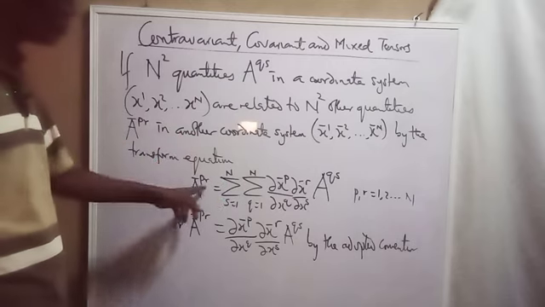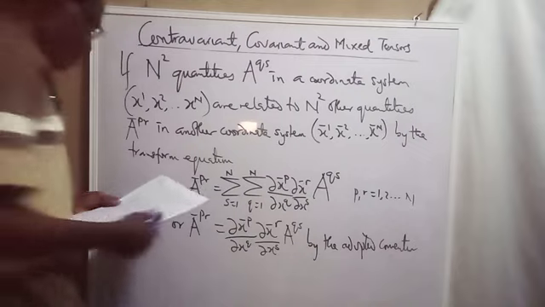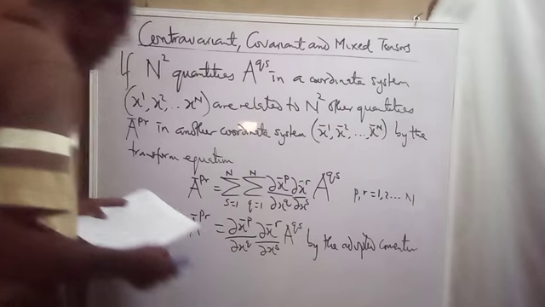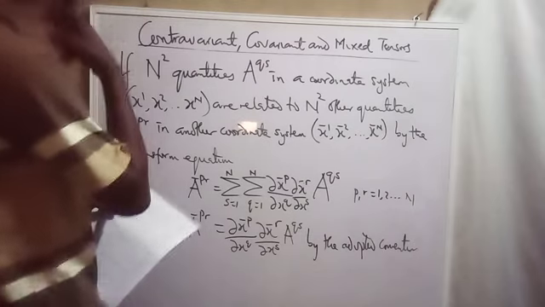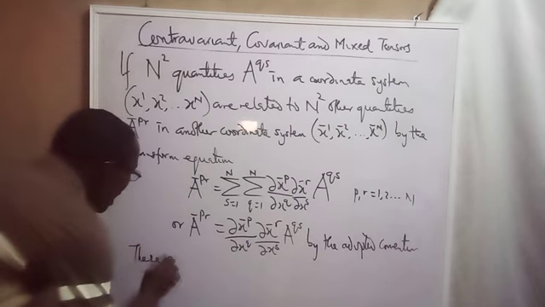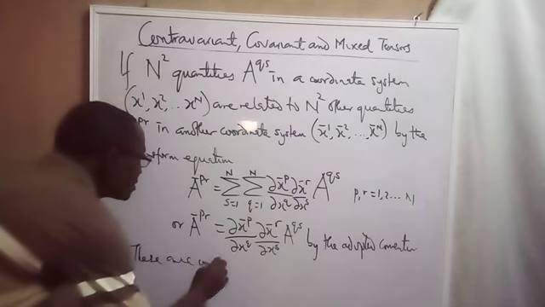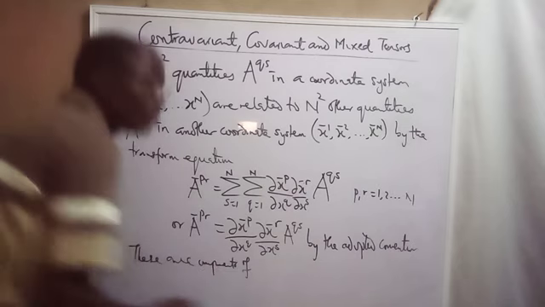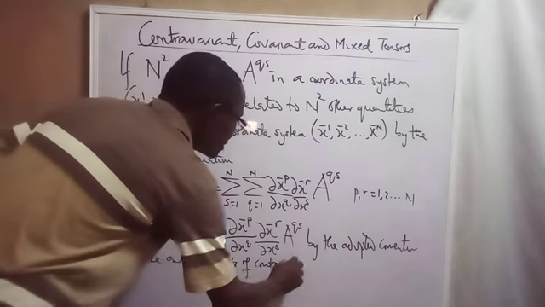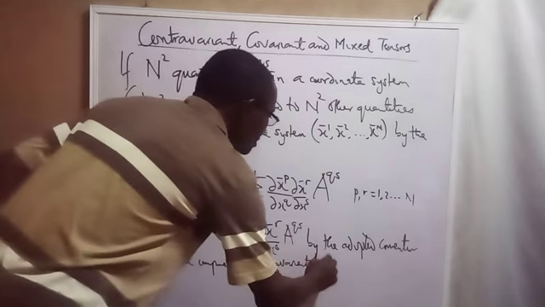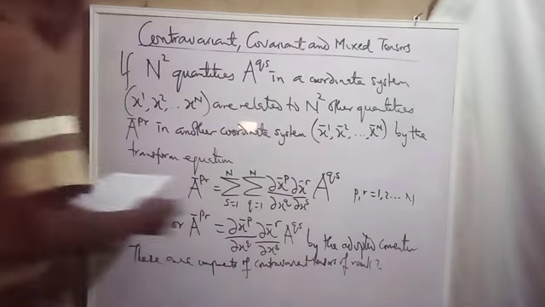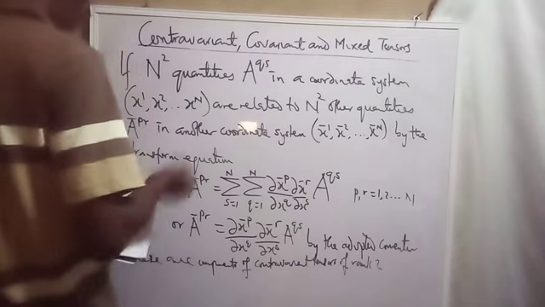We can say these are components of contravariant tensors of second order, second rank, or rank 2.